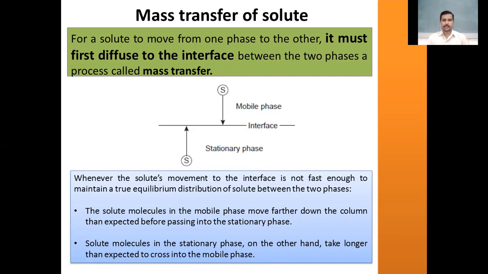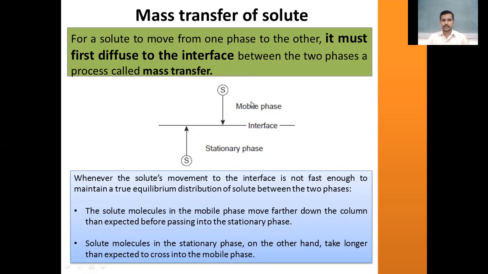So that means whenever the true equilibrium phenomenon is not possible during the diffusion of the solute from mobile phase to interface, then interface to stationary phase, or stationary phase to interface to mobile phase, then the solute molecule will be moving farther down the chromatographic column without having proper diffusion into the interface. This may be from mobile phase to stationary phase or stationary phase to mobile phase.